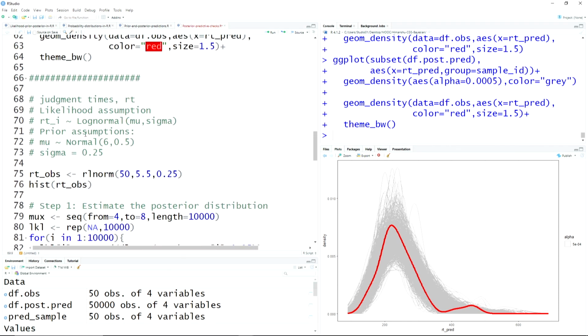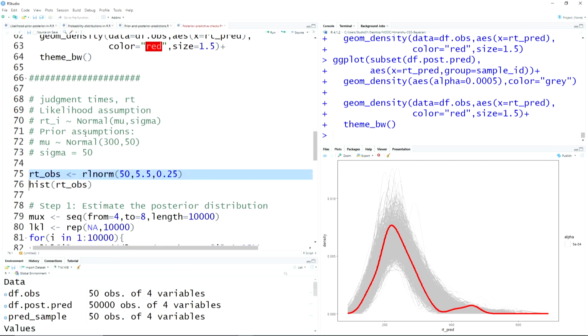So, let us say rather than assuming that these judgment times are log normally distributed, what if I assume that the judgment times are normally distributed with mean mu and sigma, where mu has a prior of, let us say, 350, okay, and sigma is fixed at, let us say, 50, okay, and RT obs remains the same.